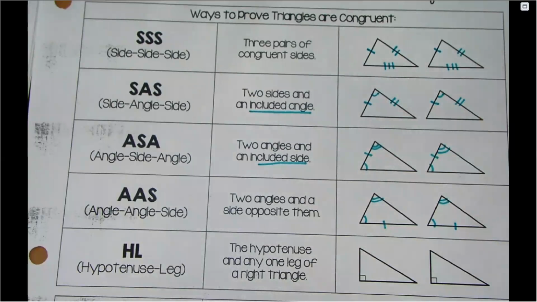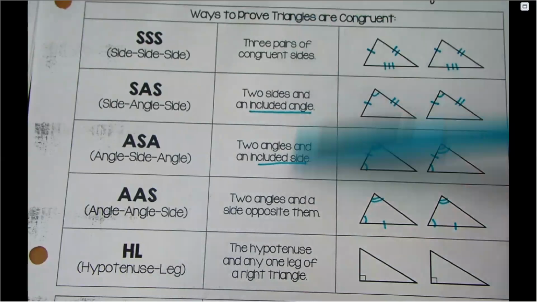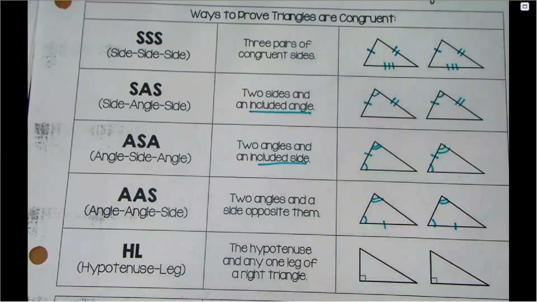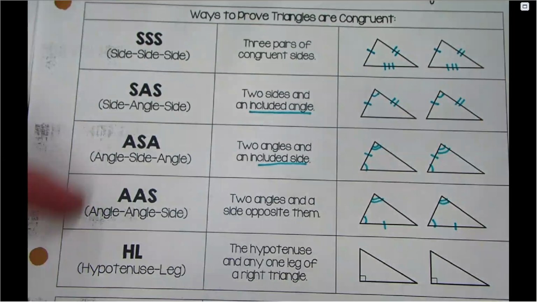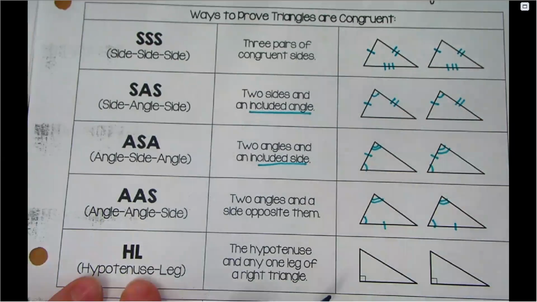Knowing those 3 things for the first 4 allows you to prove triangles congruency. So you don't know all 6 things, but you know 3 things. If it happens to be in this manner, you're good to go. Now, the one that's special is the hypotenuse leg, and it only applies to right triangles.